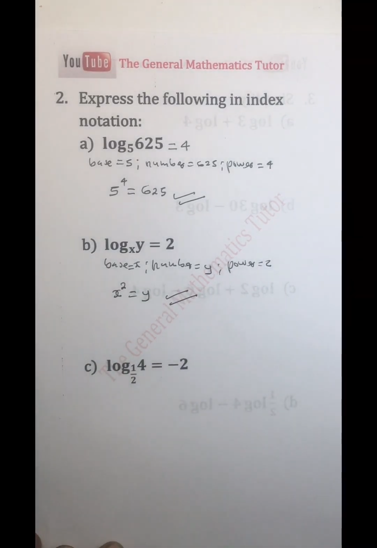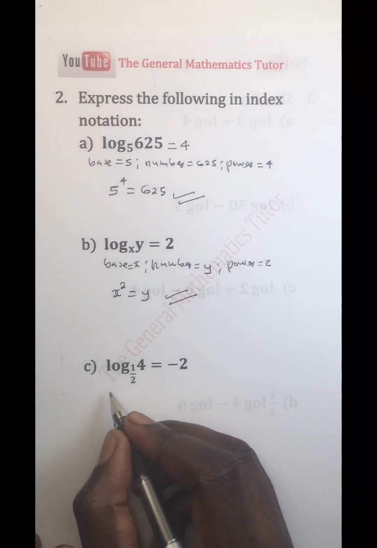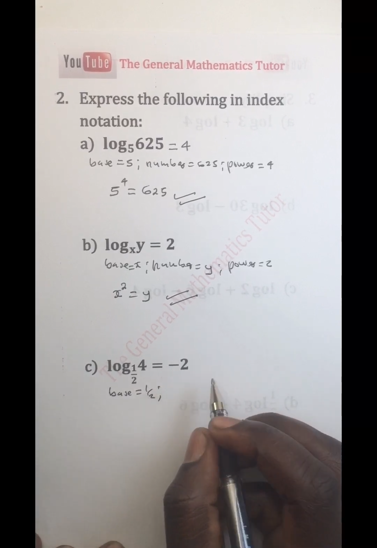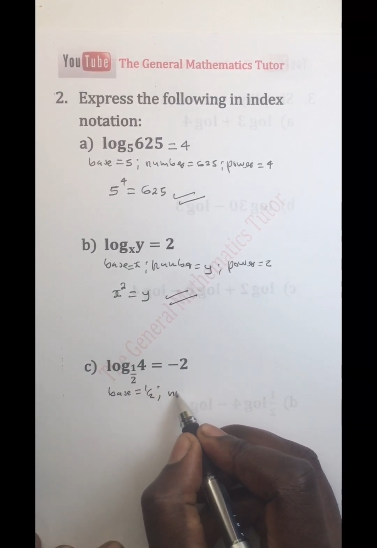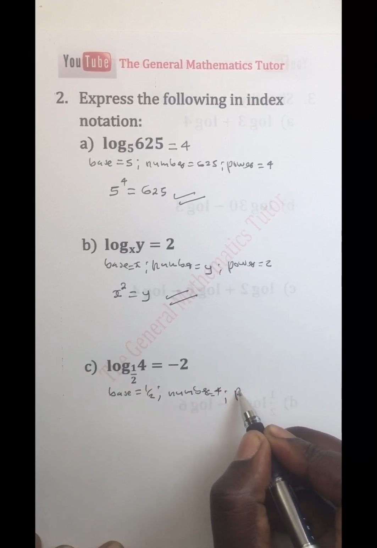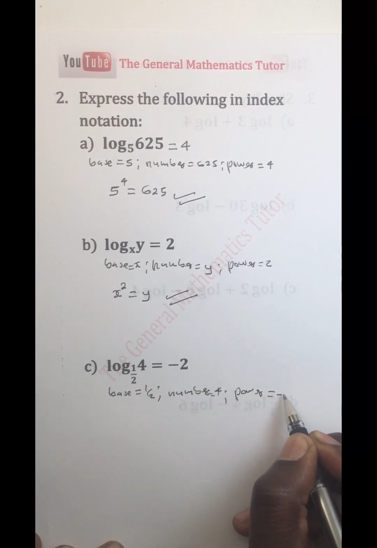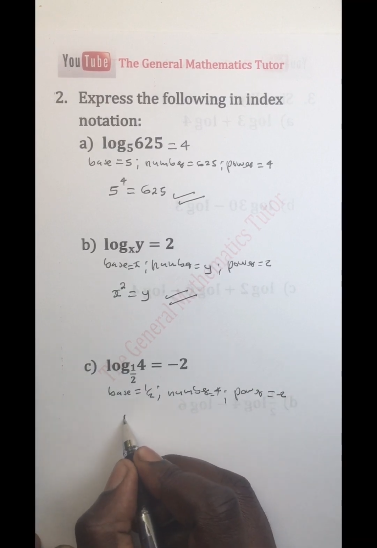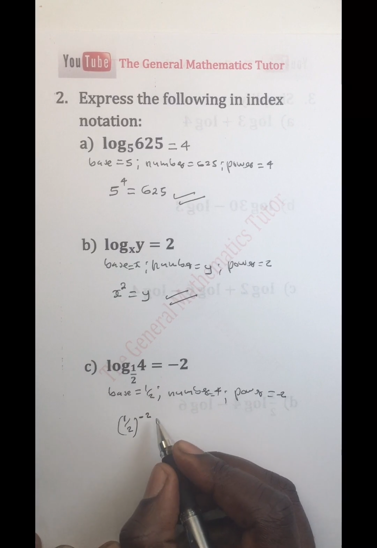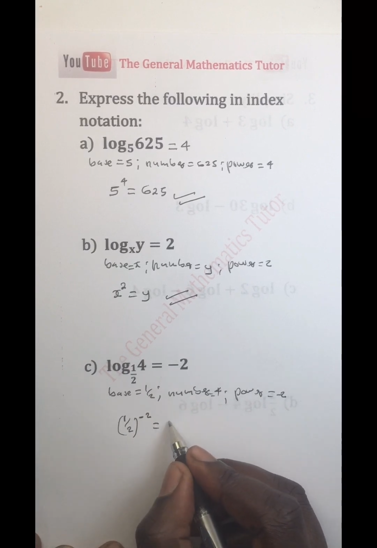Part C, log to base half of 4 is equal to negative 2. So we have the base as half, we have the number as 4, and we have the power as negative 2. So just write the base, which is half, raised to the power, which is negative 2, is equal to the number, which is 4.